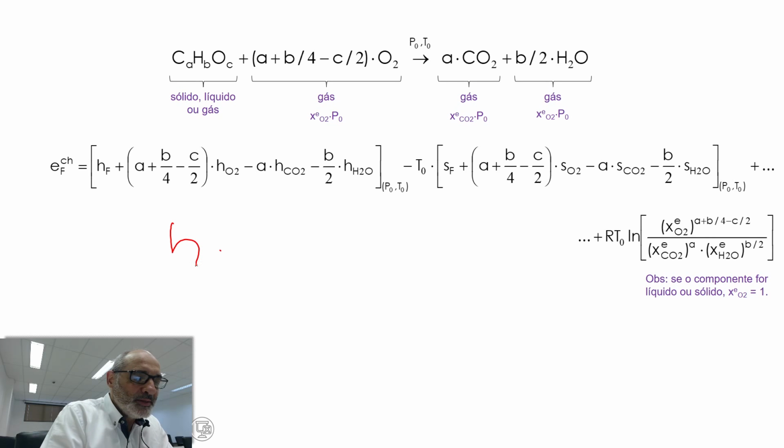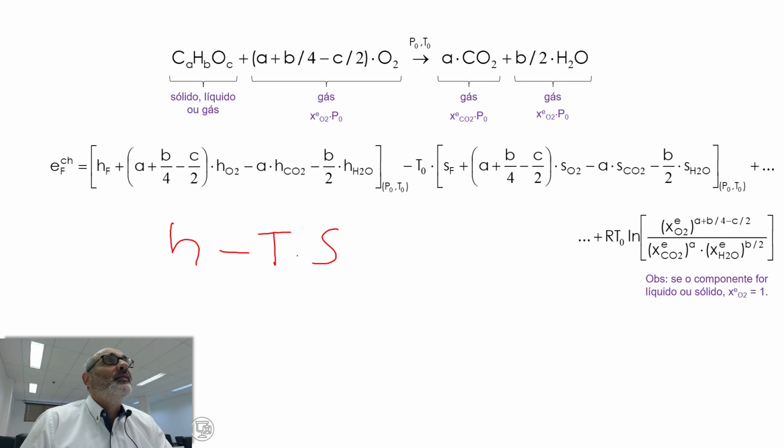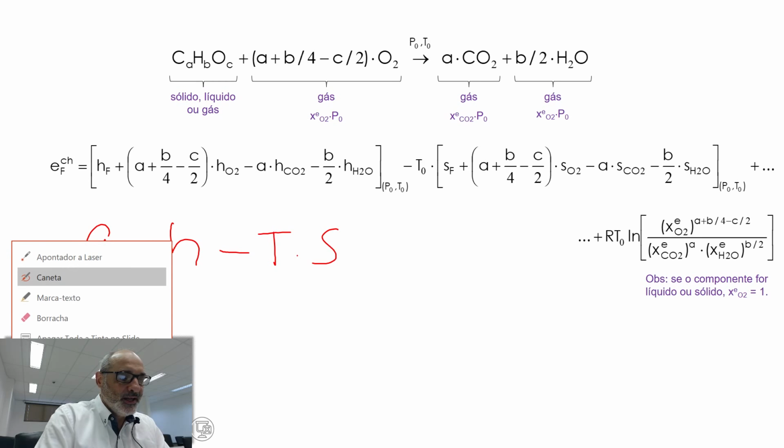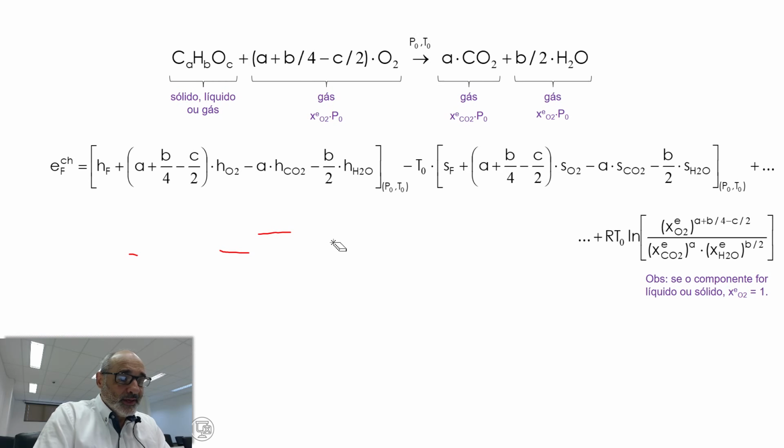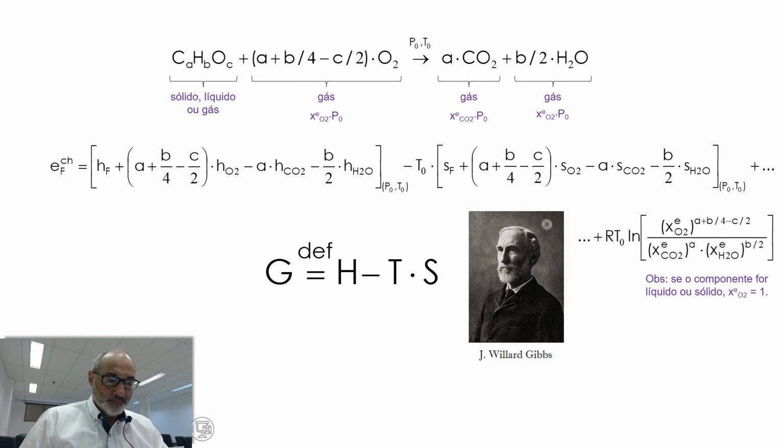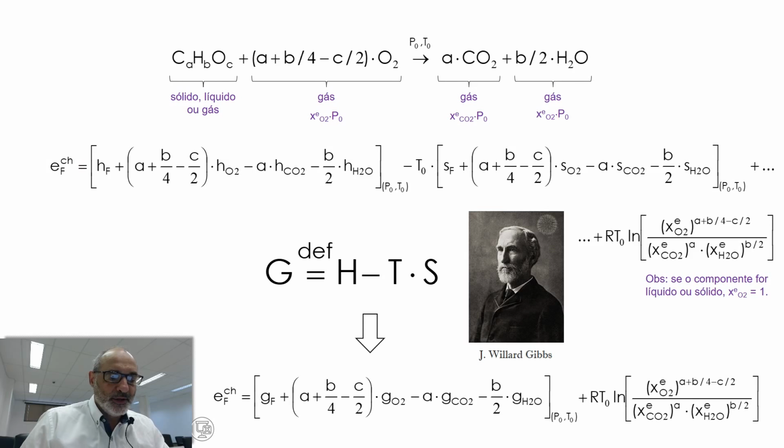Enthalpies minus temperature times entropy. What was this definition? This was Gibbs. We just obtained this. So we can use the definition we have from Gibbs and write the chemical exergy in terms of Gibbs free energy.